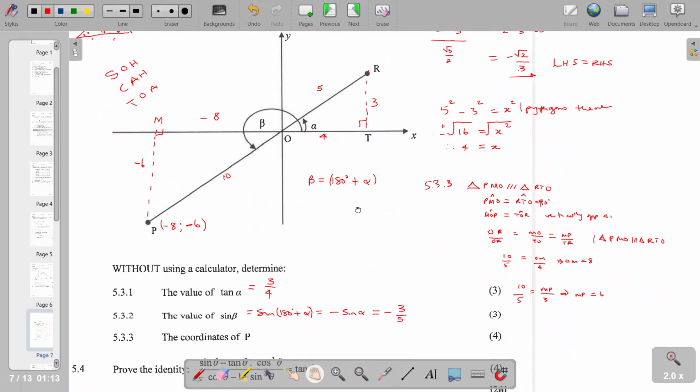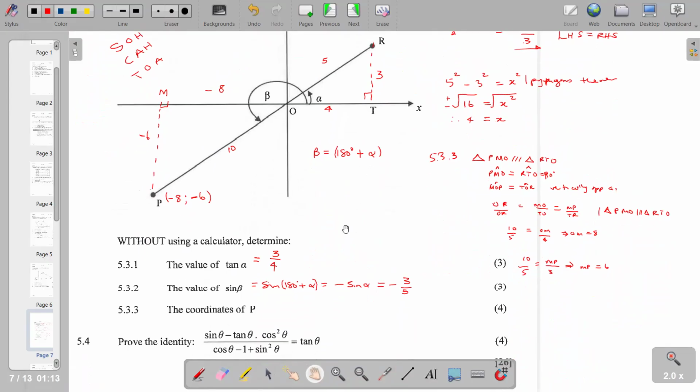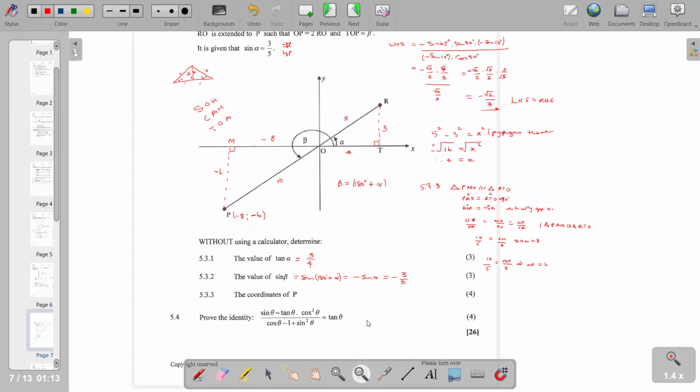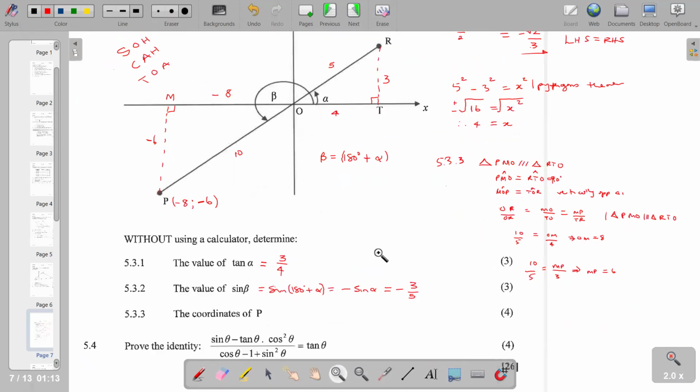Alternatively, it was possible for us to calculate that by coming here.